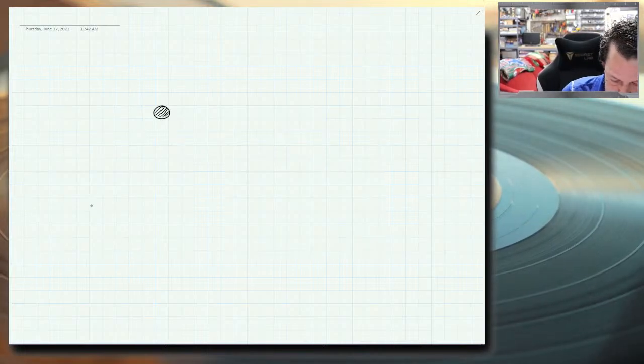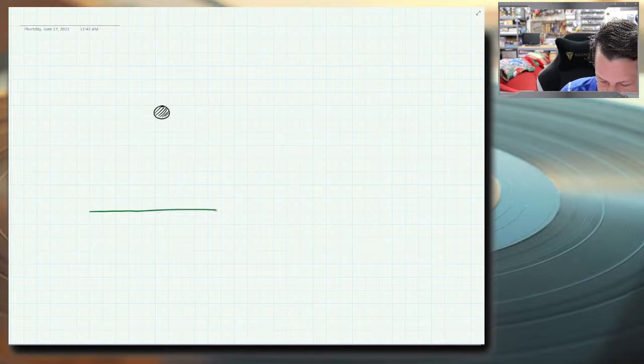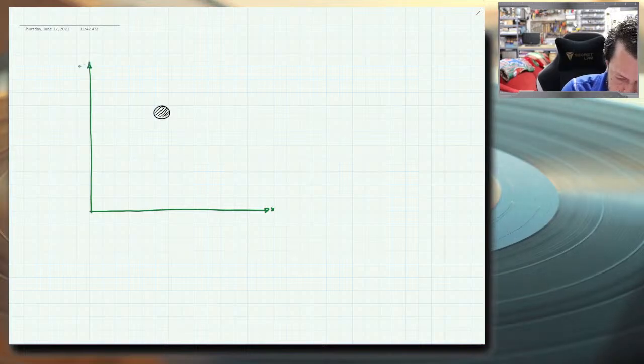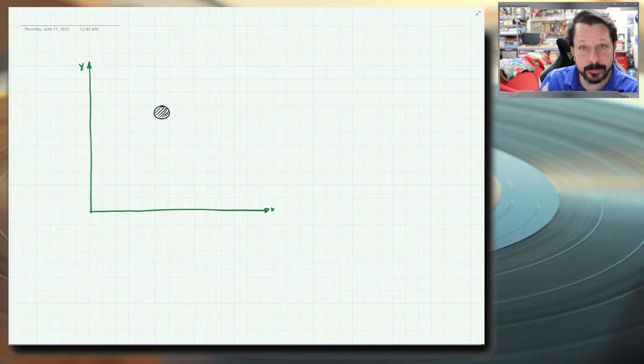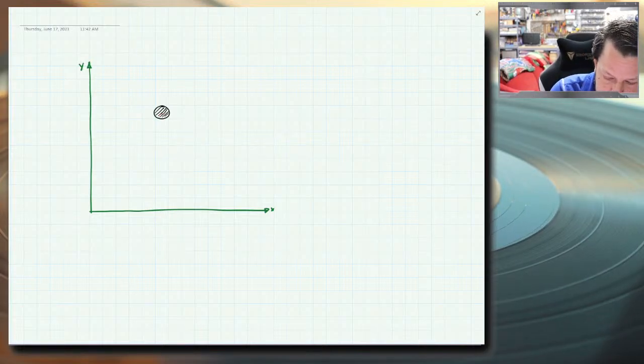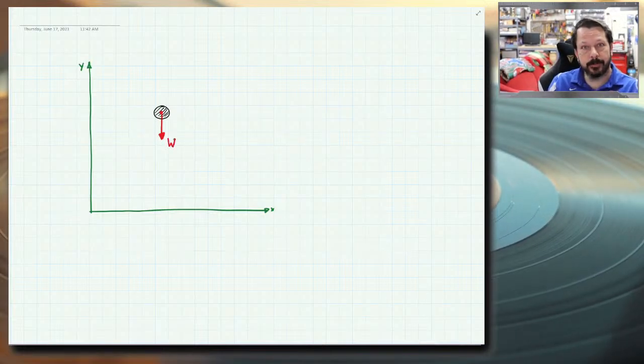So maybe there's an x-axis, maybe here's a y-axis. So it has some x and y coordinates. Again, we're thinking 2D. Well, actually right now we can think of this as a sphere, and maybe it has a weight. So for now it can be a three-dimensional object, and that's fine.